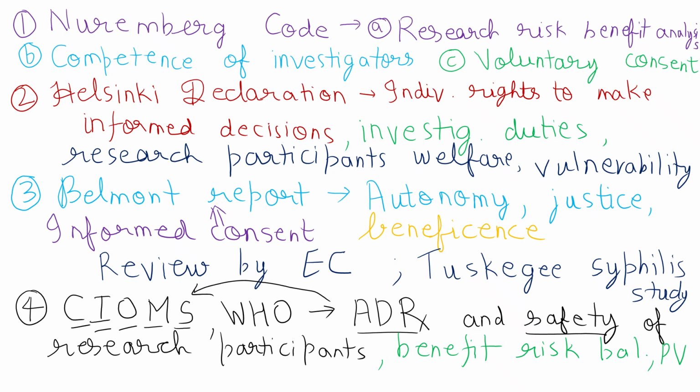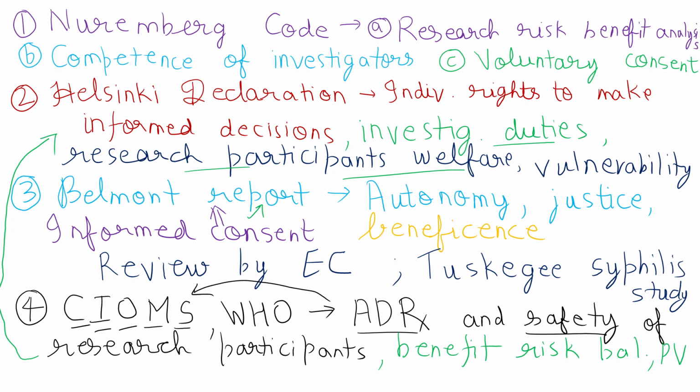Then make informed decisions. This was already spoken about in the Belmont report. Informed consent, respect for autonomy, duties and responsibilities of investigators, welfare and protection of research participants. All these facts were reiterated from the Helsinki Declaration.